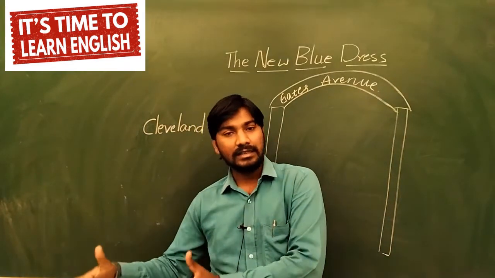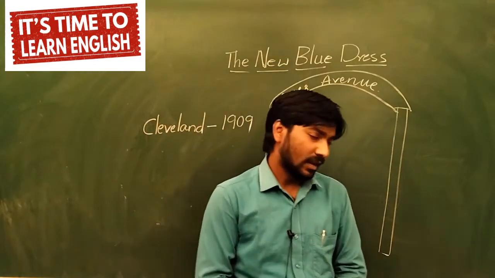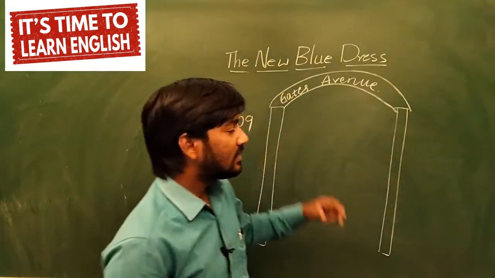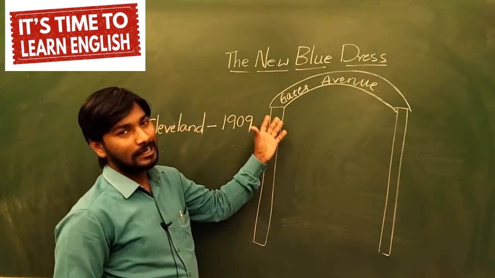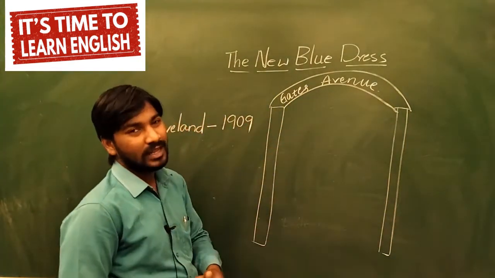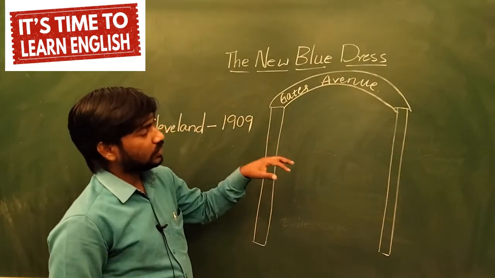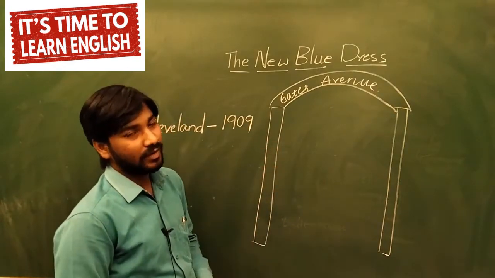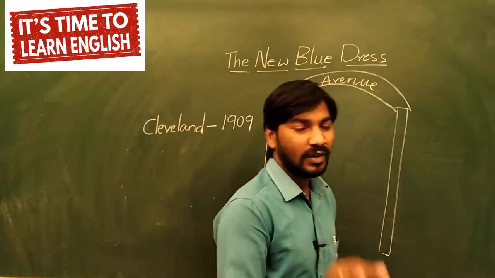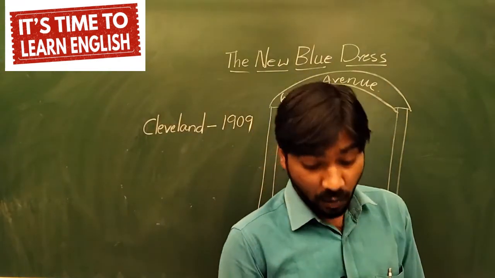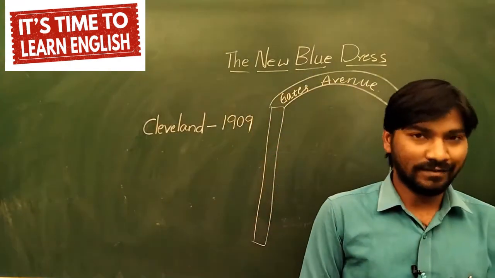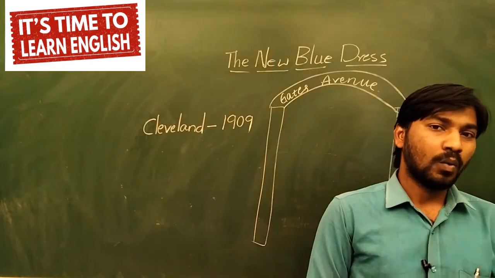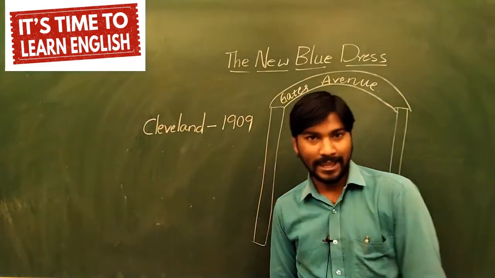So seasons will bring different changes. But here, the season changed, but the Gates Avenue situation is the same. The condition of Gates Avenue has not changed. It was the same as in the past. What is the situation in Gates Avenue?